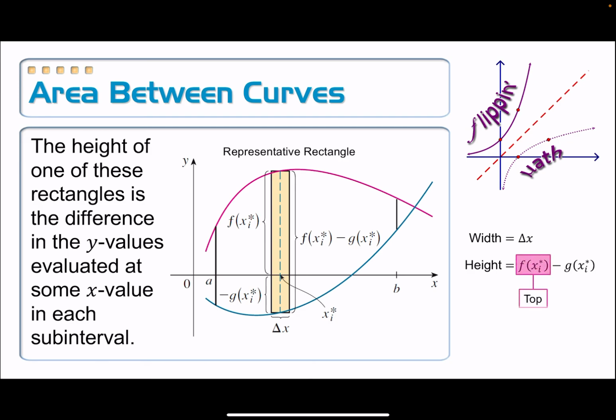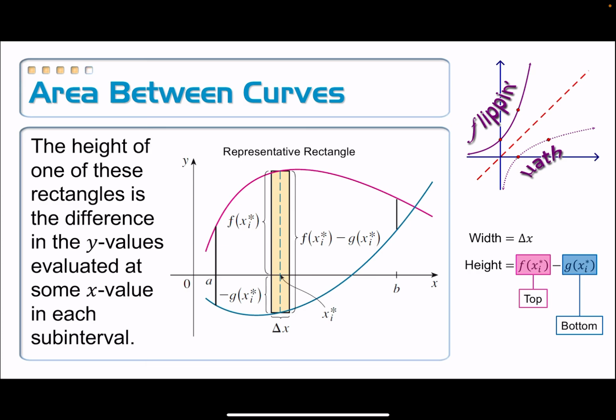And notice that we don't have to worry about the absolute value here because we want to focus on always doing the top function minus the bottom function. All right, we have height, we have width of our representative rectangle, and this is just to get an idea of what we're supposed to include in that Riemann sum. So the Riemann sum is going to give us a way to approximate the area underneath the curve, right?